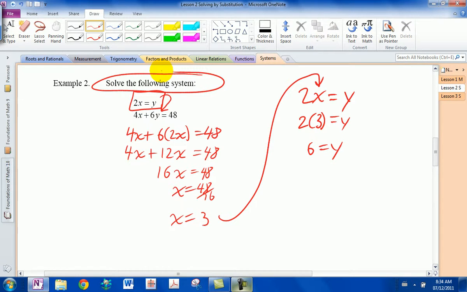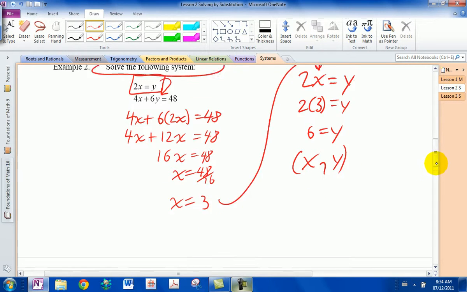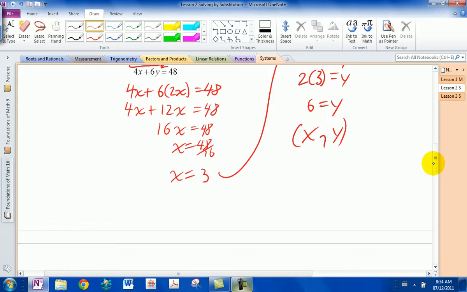So the whole goal is to solve the system. So what's the proper way to write our solution? Tony? Exactly. So you've got to have it in brackets, x value, y value. Remember, we did some algebra to find that answer. We have to find the point where those lines cross.